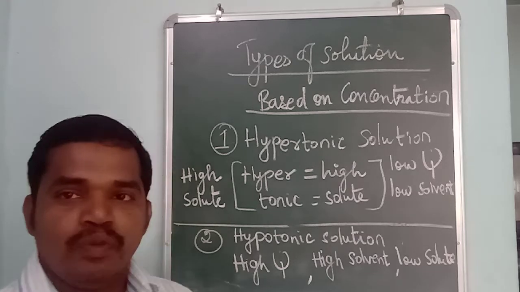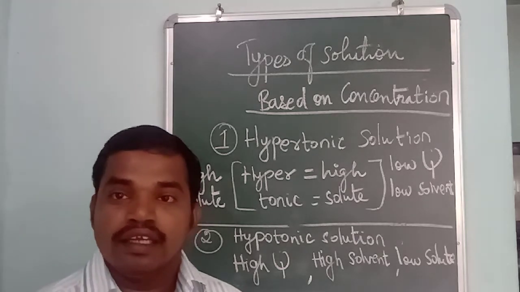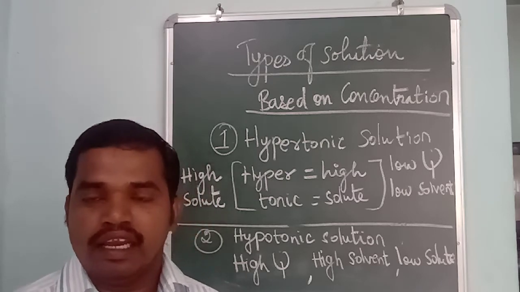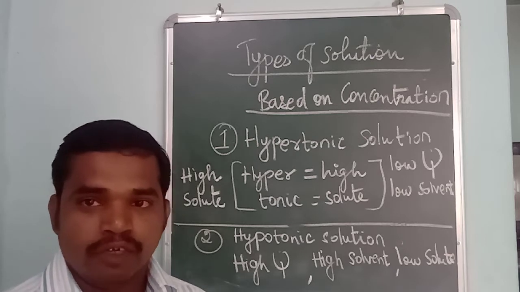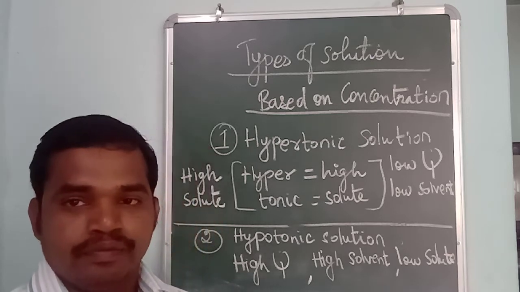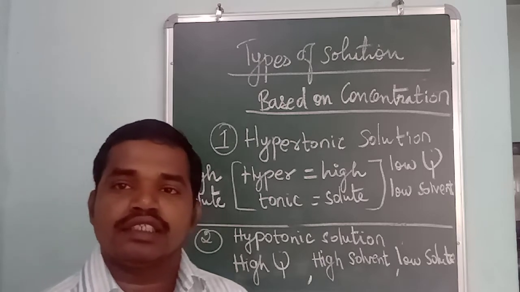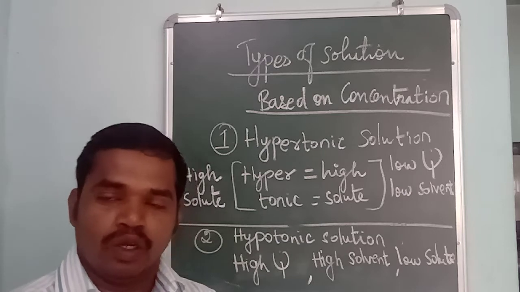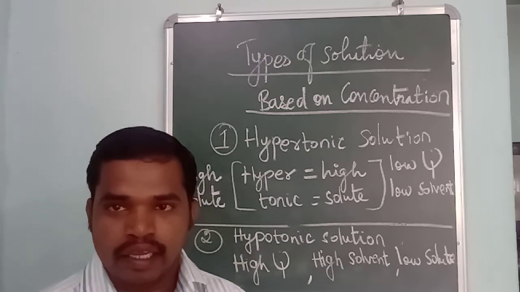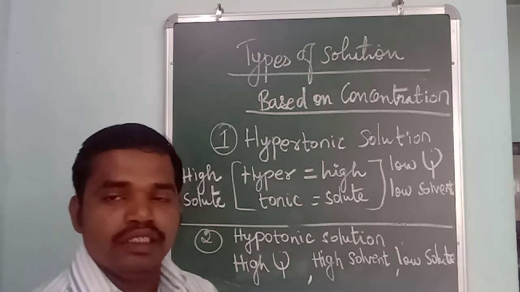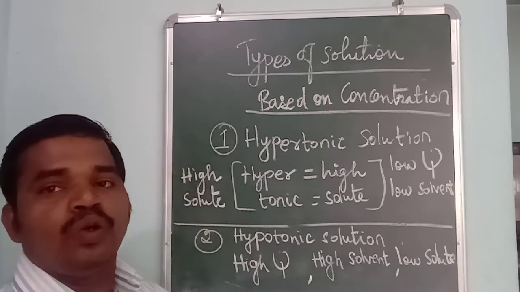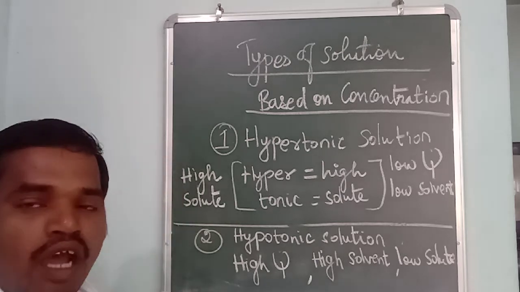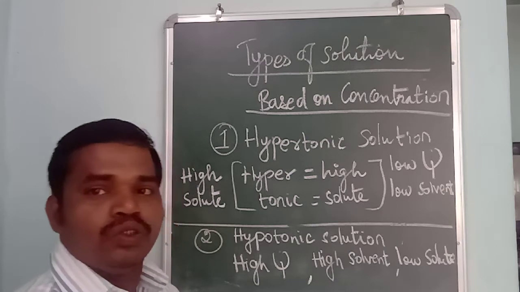Hypotonic solutions contain high water potential, high solvent, but low solute molecules. So these kinds of solutions diffuse out to another solution.